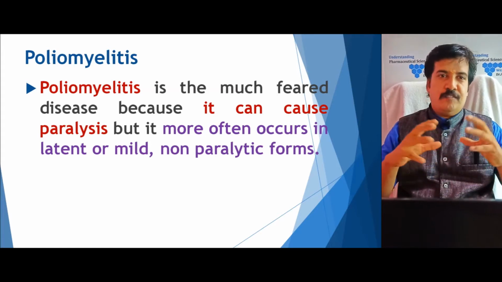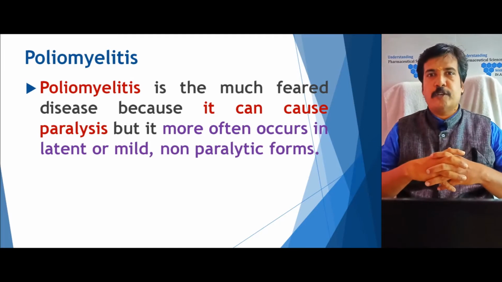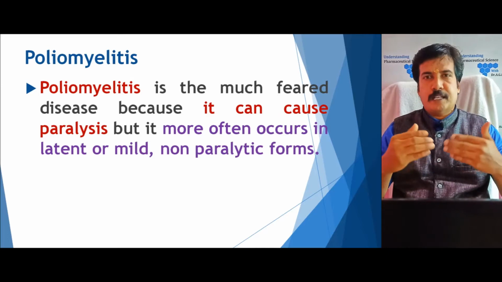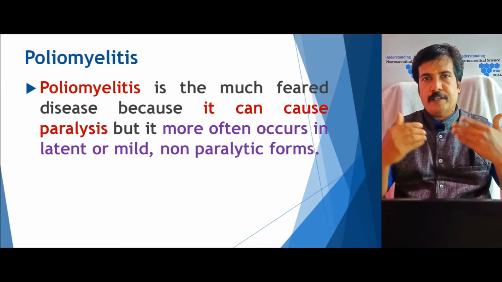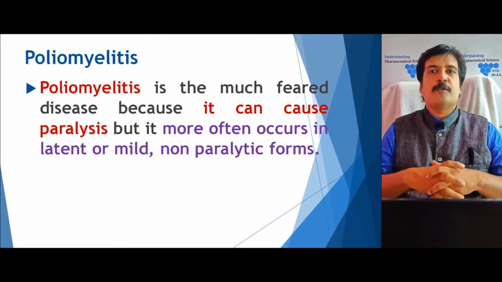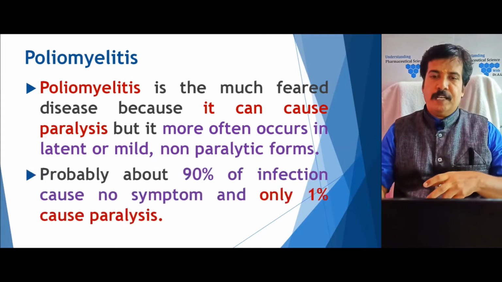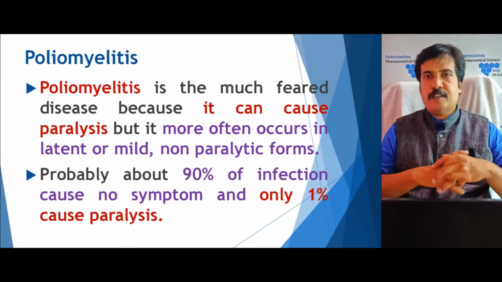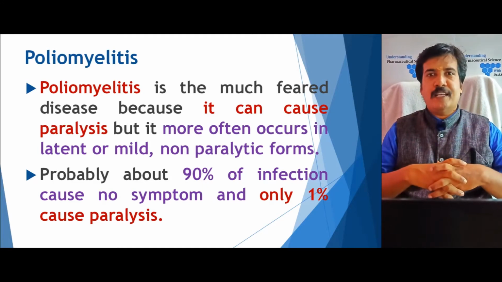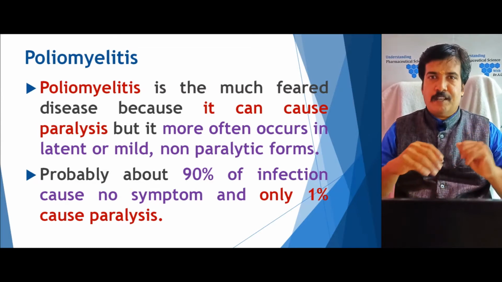Not all polio infections cause paralysis. Often, certain polio infections lead to mild, non-paralytic forms, which can just go away with the stimulation of immunity itself. 90% of infections cause no symptoms, and the person naturally gets immunity against the virus, whereas 1% of people get paralyzed.